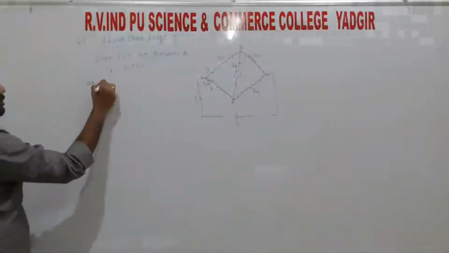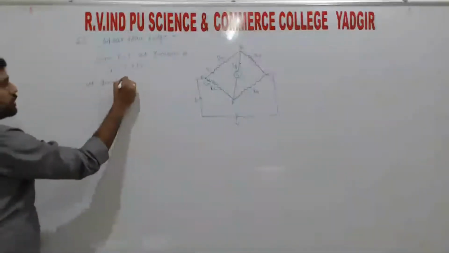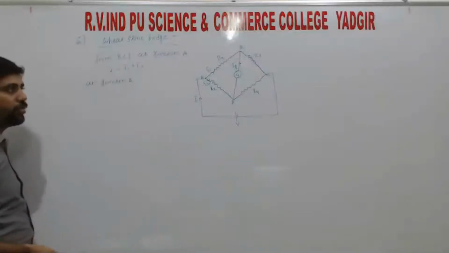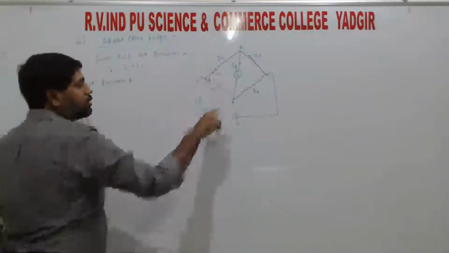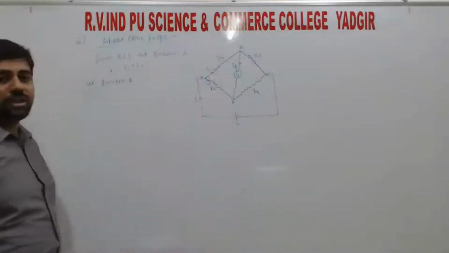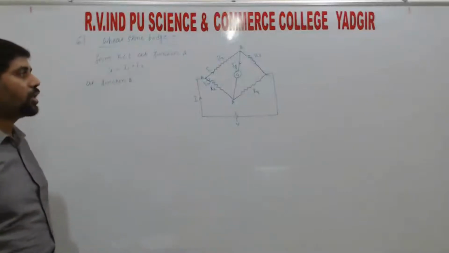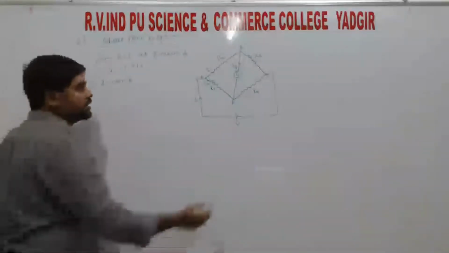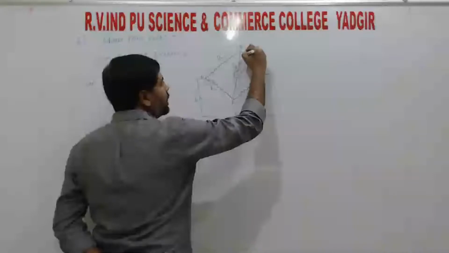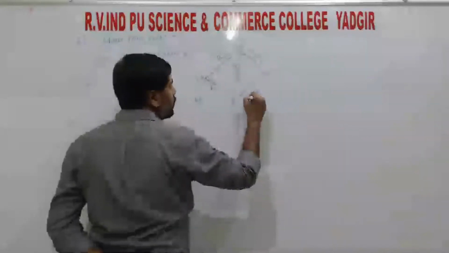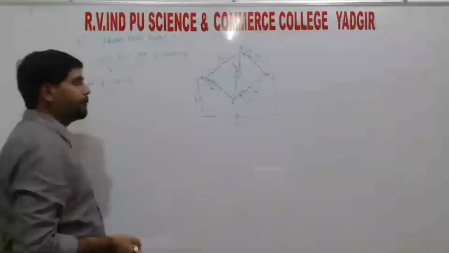So at junction B, current entering into the junction B is I1, and the current leaving is IG. So here we can take I3 current and also here I4 current, right?